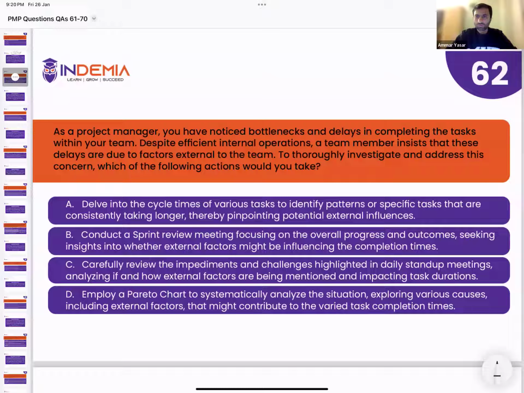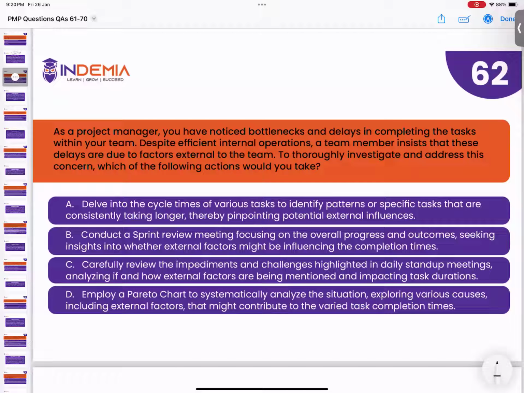Okay. Amandeep, why have you chosen option C? Well, the question says we have noticed some delays in completing the task, and the team is doing efficient work, but they're also bringing the concern that it's because of external factors.